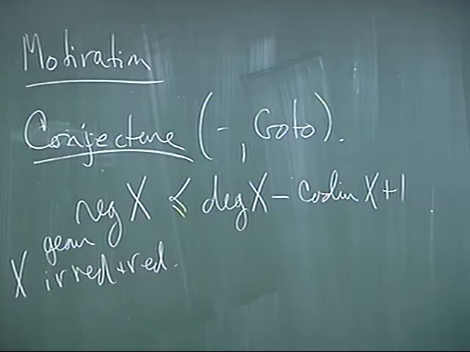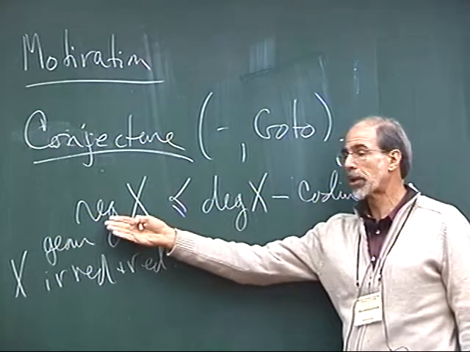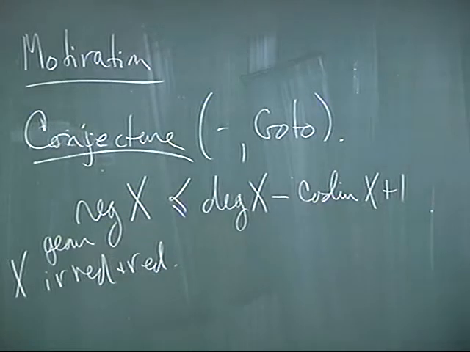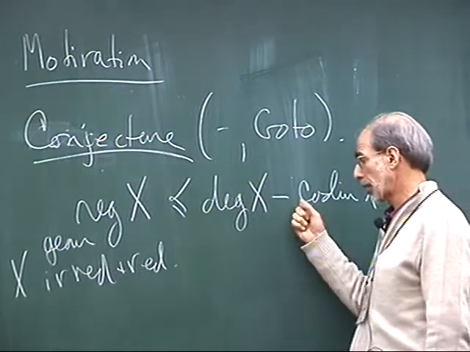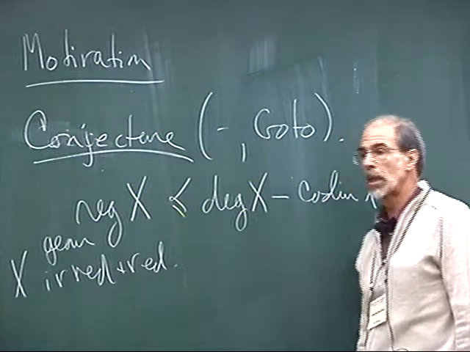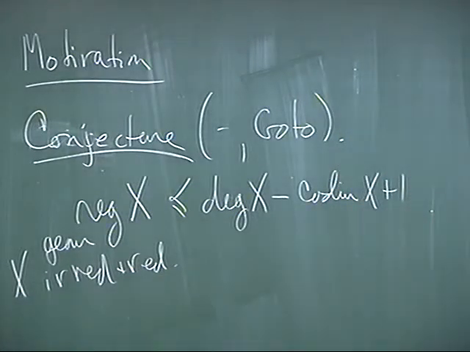This is known and was proved by Castelnuovo for curves, at least for smooth curves; for singular curves, proved by Gruson, Lazarsfeld, and Peskine. And it's even true for connected reduced curves, which was done by a student of mine. It's known for higher dimensions, mostly for smooth varieties and special classes of varieties.